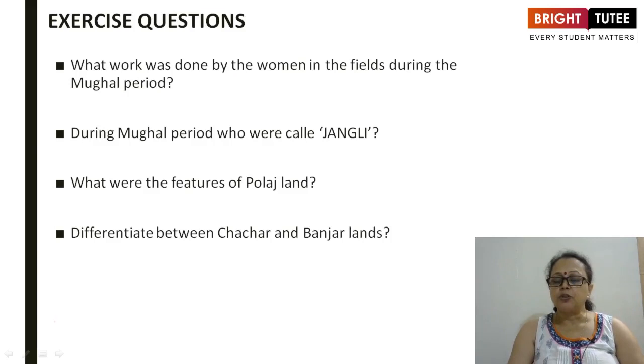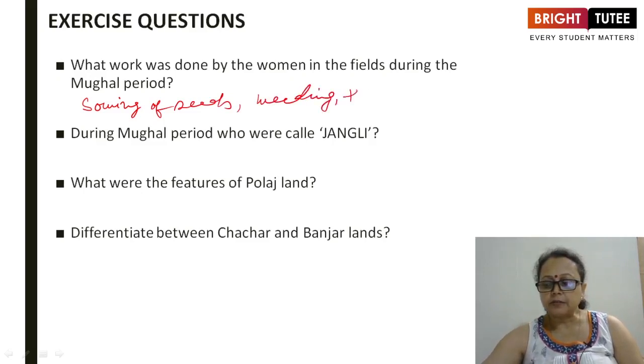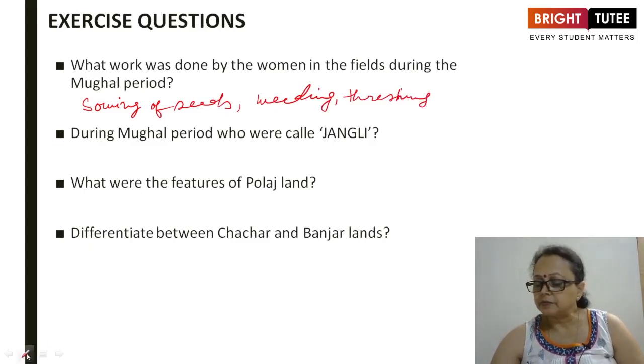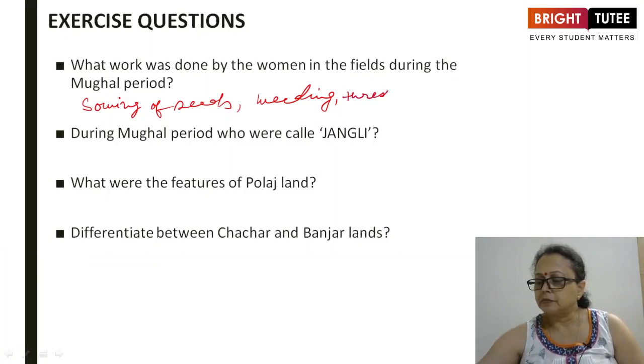We have to just name a few of the works like the sowing of seeds, then weeding and pressing, winnowing.